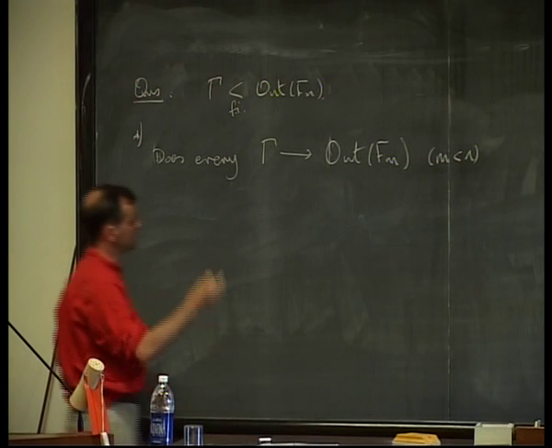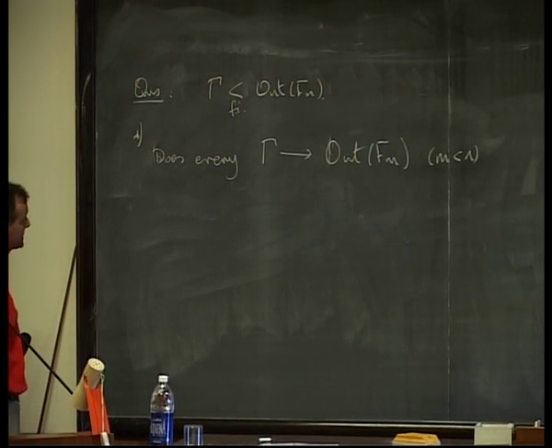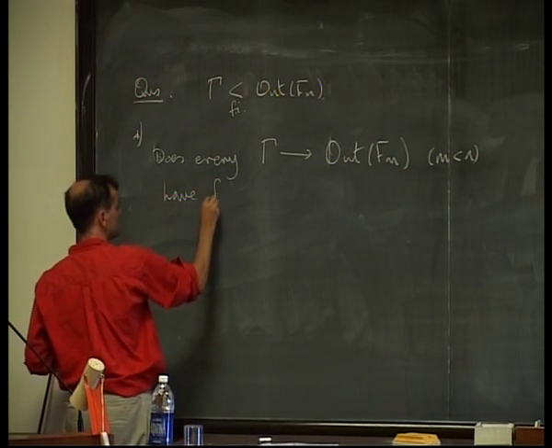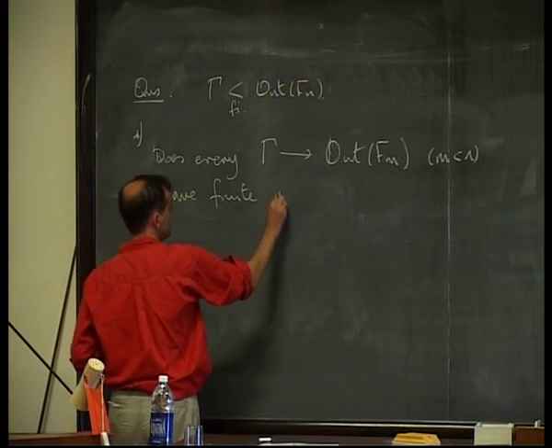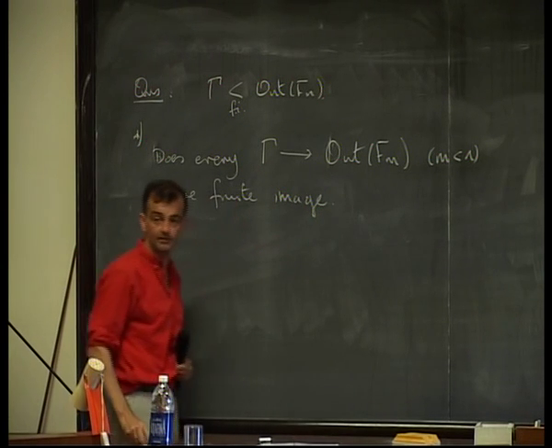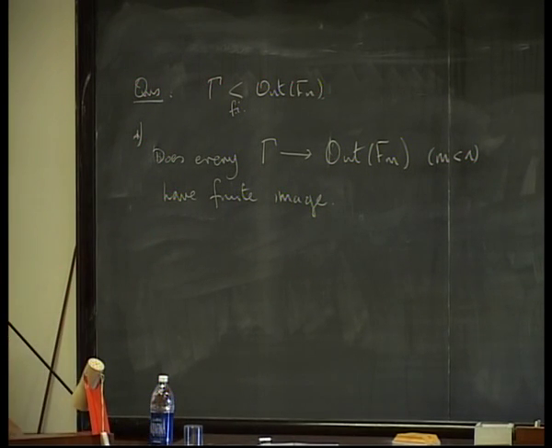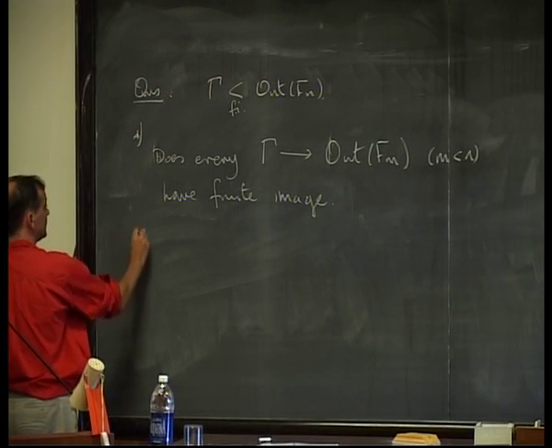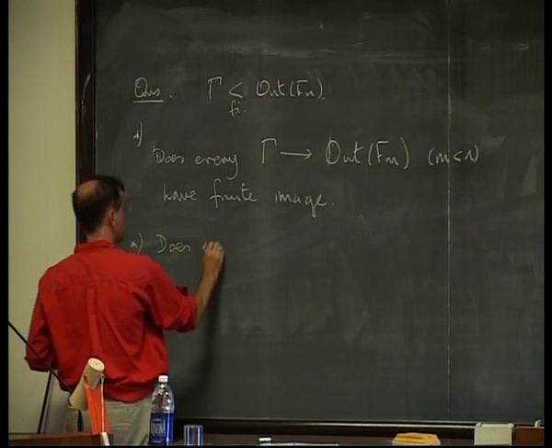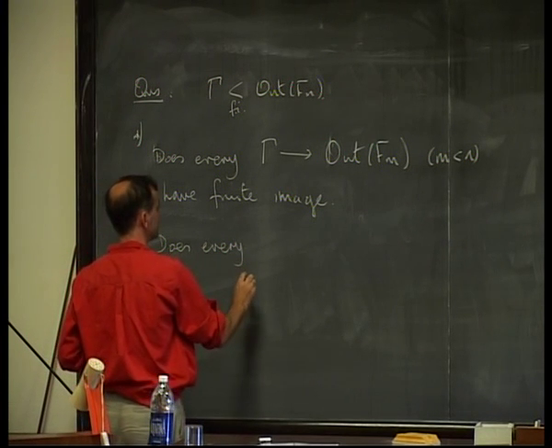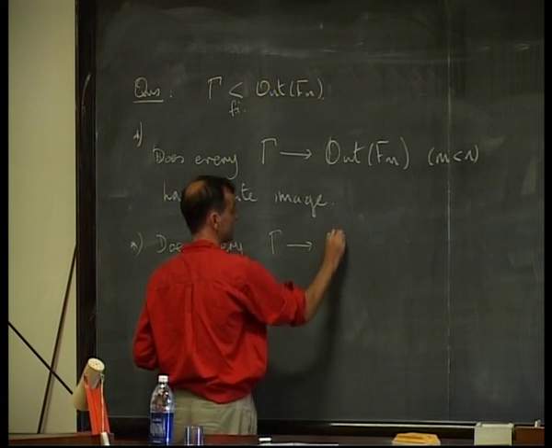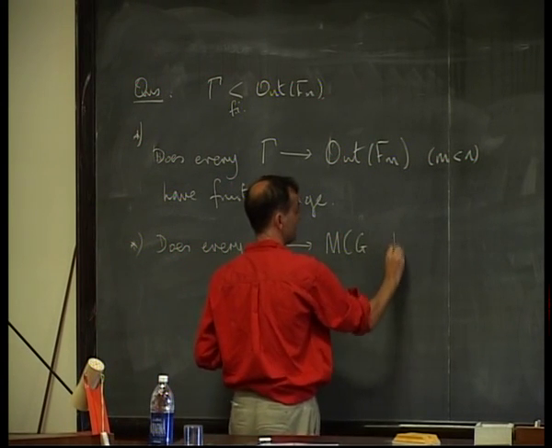So if you've got some sort of superrigidity, then all such maps should have finite image. I know how to prove that if Gamma is the whole of Out(F_n), but I don't know how to prove it if Gamma is a subgroup of finite index. There should be other things like, does every map from Gamma to a mapping class group have finite image? Actually I'm really not sure what the answer to this one should be.